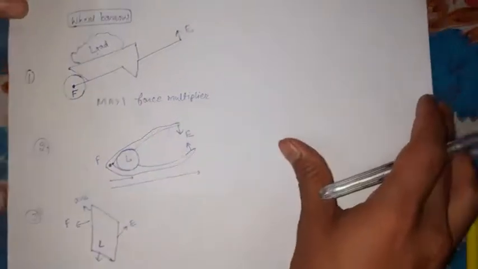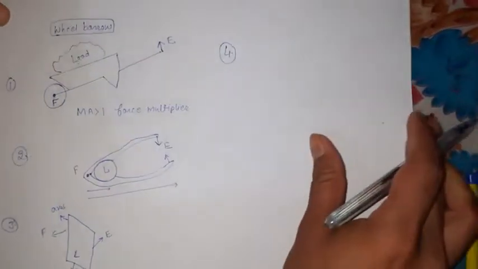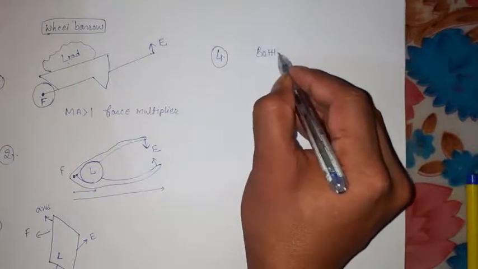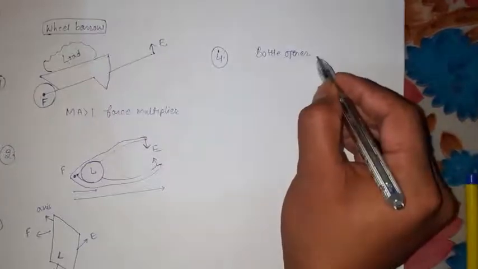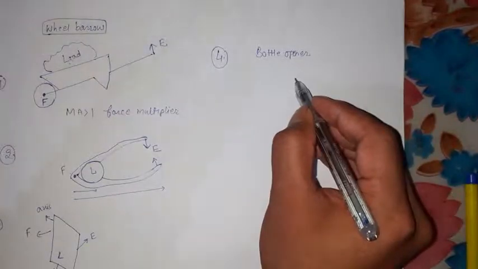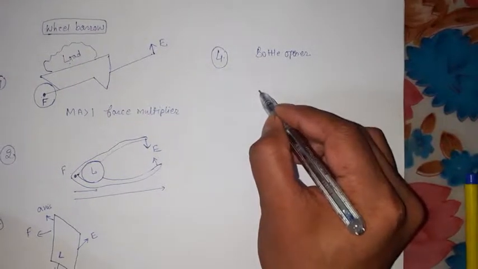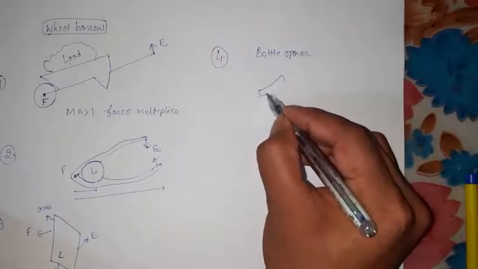Another example, the fourth example, students, is the bottle opener. Now it is going to be the summer season, so mostly we are going to prefer cold drinks. To open these cold drinks, students, we use this opener.